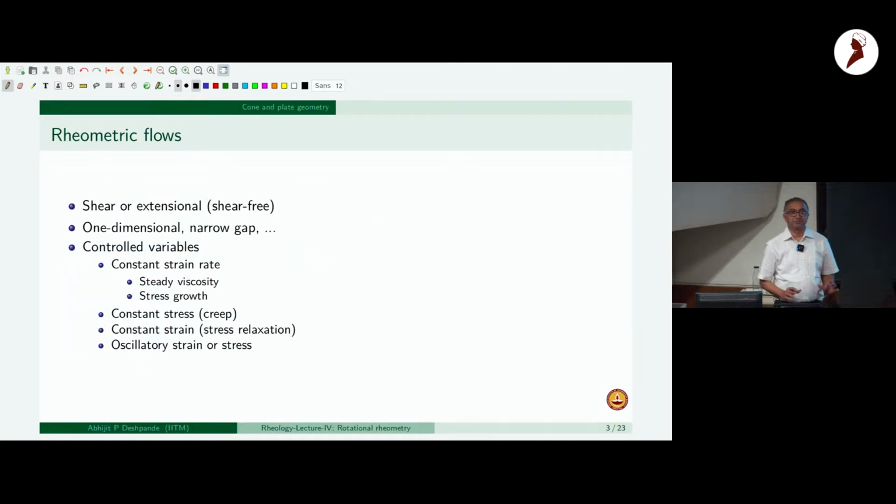And so in summary, the idea of a rheometric flow in which measurement of rheology is possible is first a decision of what type of flow to impose, so that we have either the diagonal elements of interest predominantly or the non-diagonal elements. And then we generally tend to impose a well-defined flow, quite often one-dimensional, or in case of extensional flows, it will always be a three-dimensional flow, but the velocities and deformation will be related to each other.